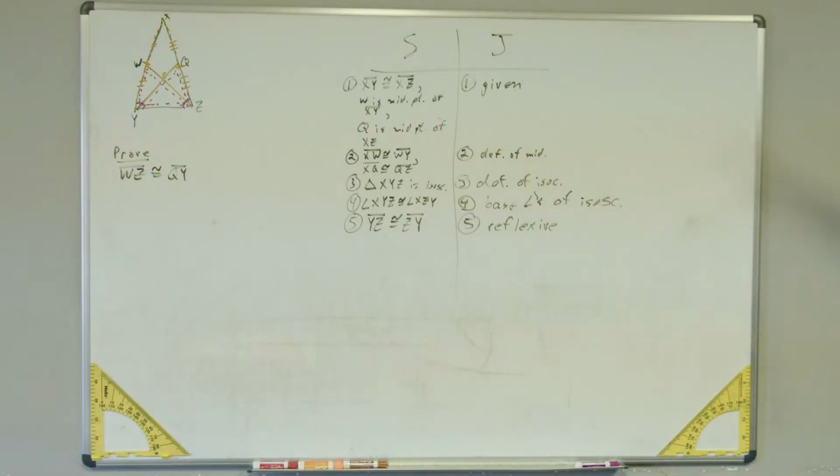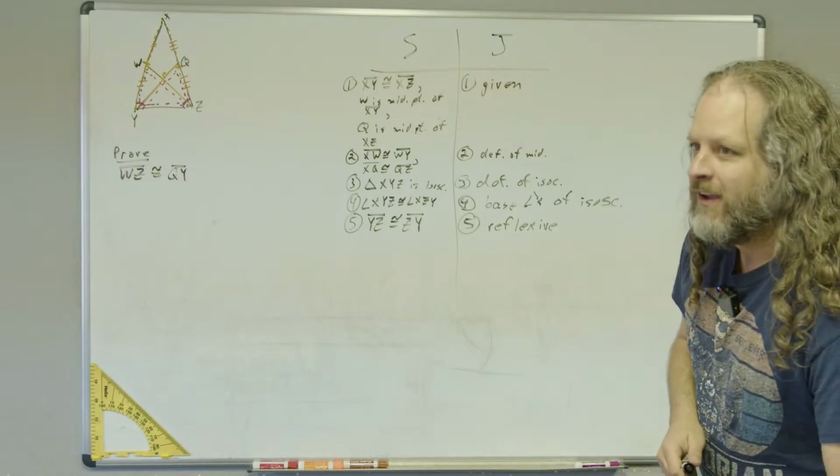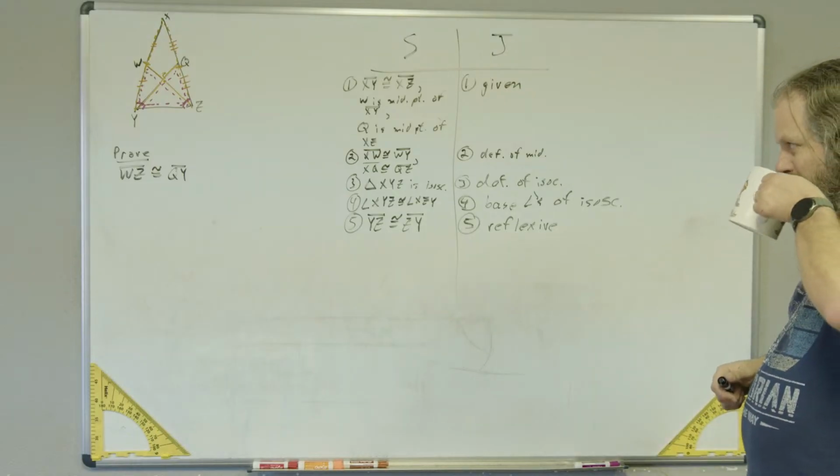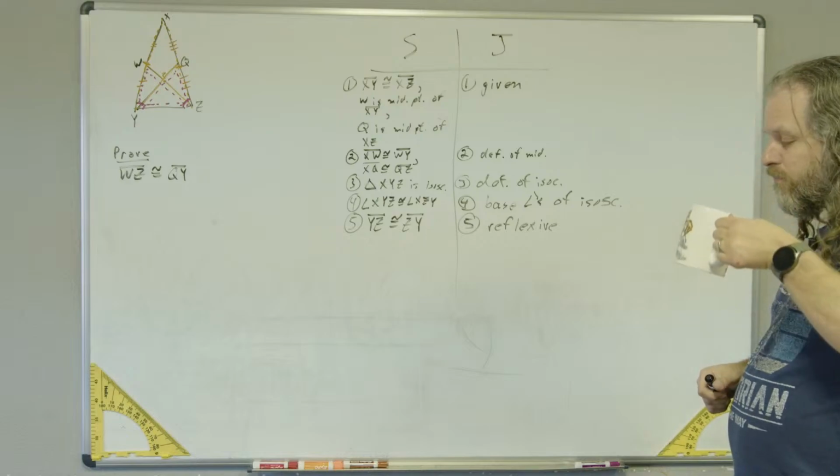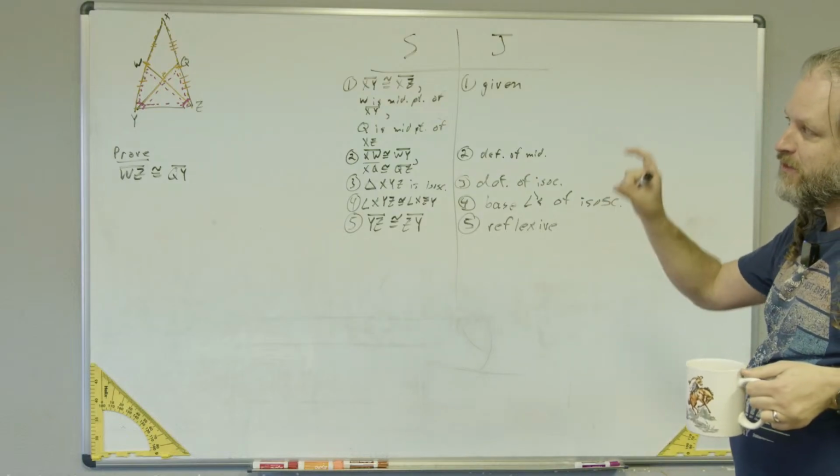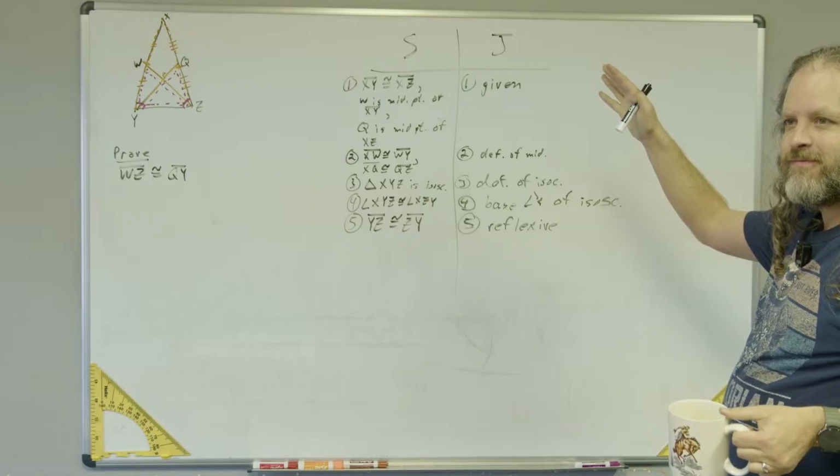So those two big sides, what kind of relationship could we set up with segment addition? What does segment addition say? It says we can add up the two little segments to get the big segment, right?